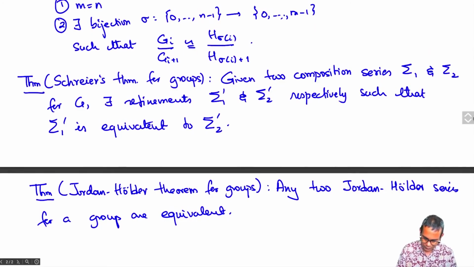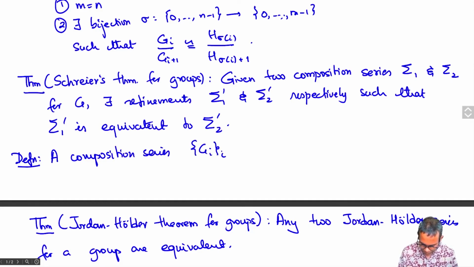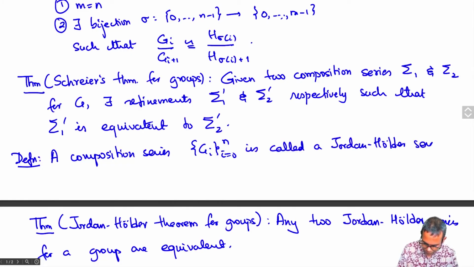But hang on, I didn't explain to you what a Jordan-Holder series is, but I'm sure most of you can easily guess. So let's just define: a composition series G_i, i goes from 0 to n, is called a Jordan-Holder series if it does not admit a strict refinement.